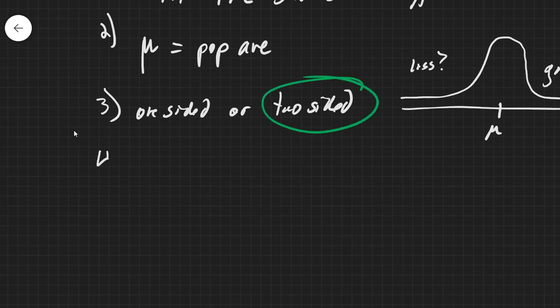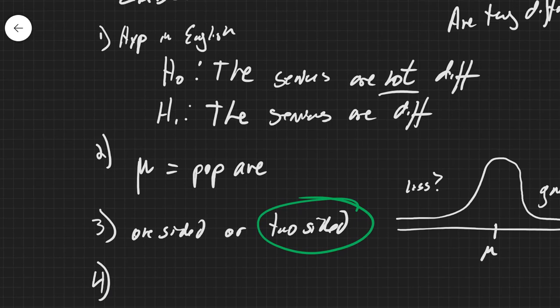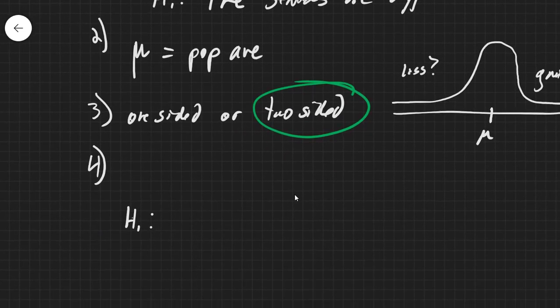Number 4 is hypothesis in math. So when we write this in math, again, we start with the alternative hypothesis, or hypothesis sub 1. And here we can go up to look at our hypothesis in English. The services are different. Well, but we're not comparing the services. We're really comparing the mu, and then it's a two-sided test.